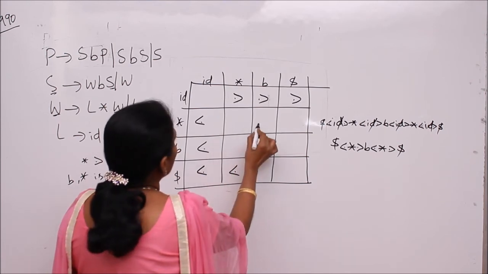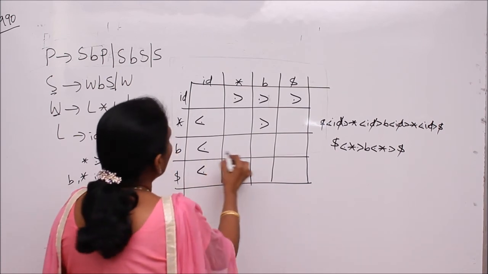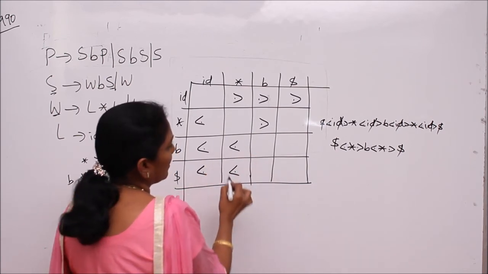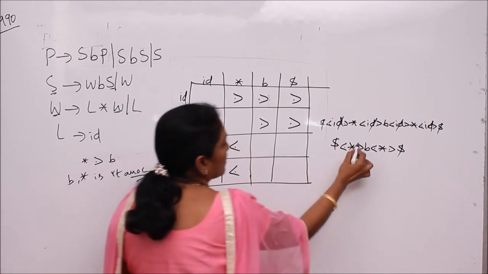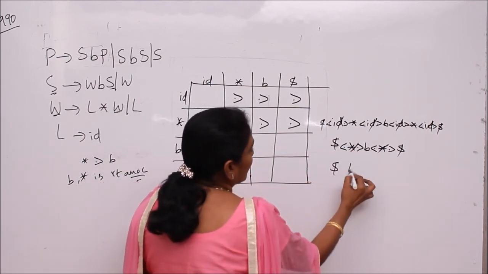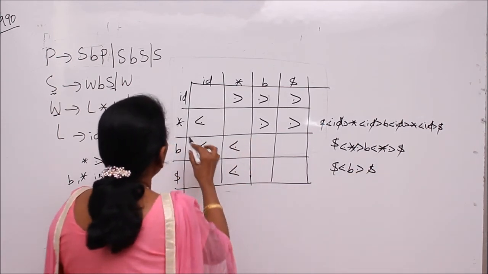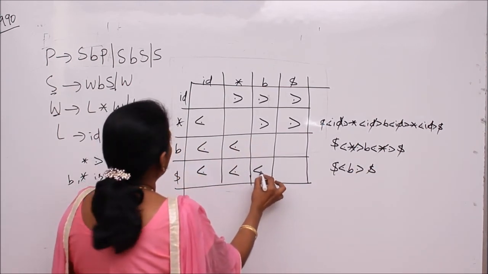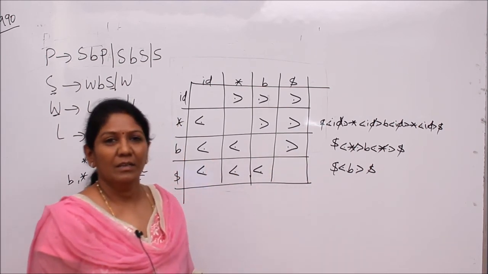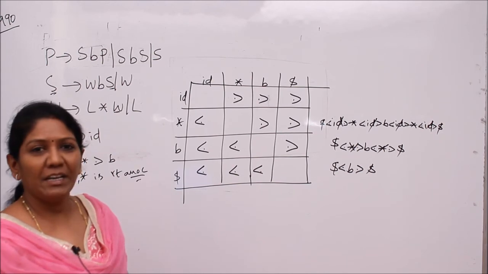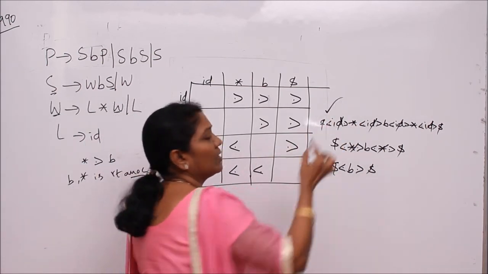Star has greater precedence to blank. Blank has less precedence to star. Star has greater precedence to dollar. So with this what happens? You will be left with only blank. Now this is reduced. So dollar to blank is less, blank to dollar is greater. So only these many relations in the relation table would be sufficient for parsing this given input string.